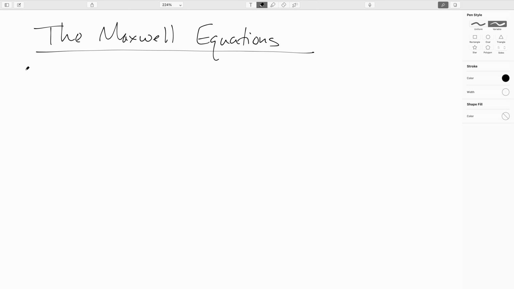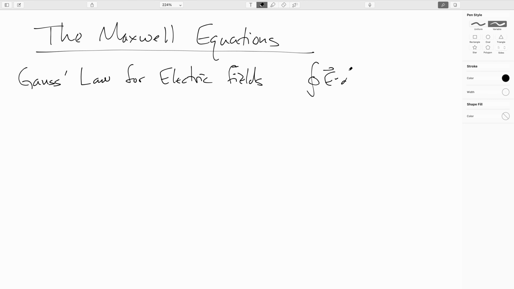So we will start with the two Gauss's laws. So we have the Gauss's law for electric fields. And that says integral E dot dA equals Q enclosed over epsilon naught.